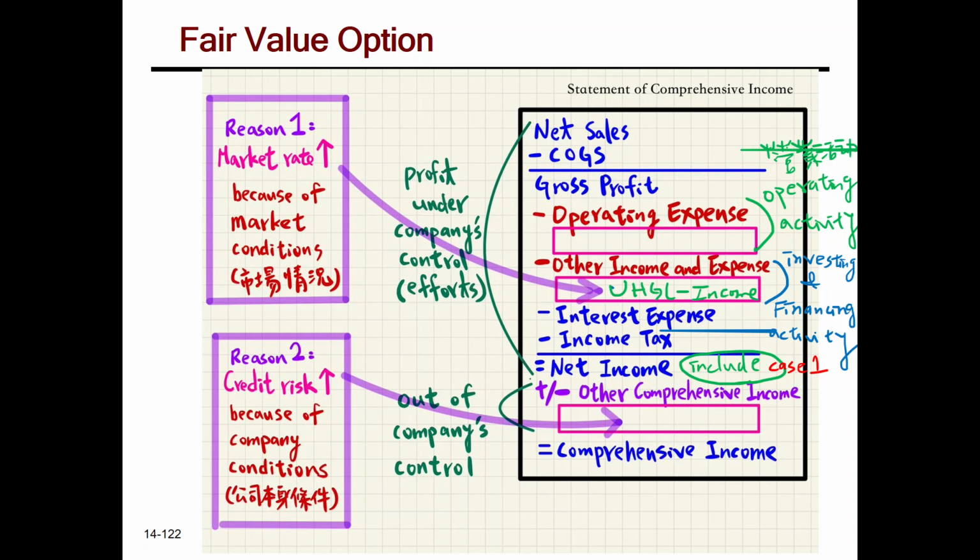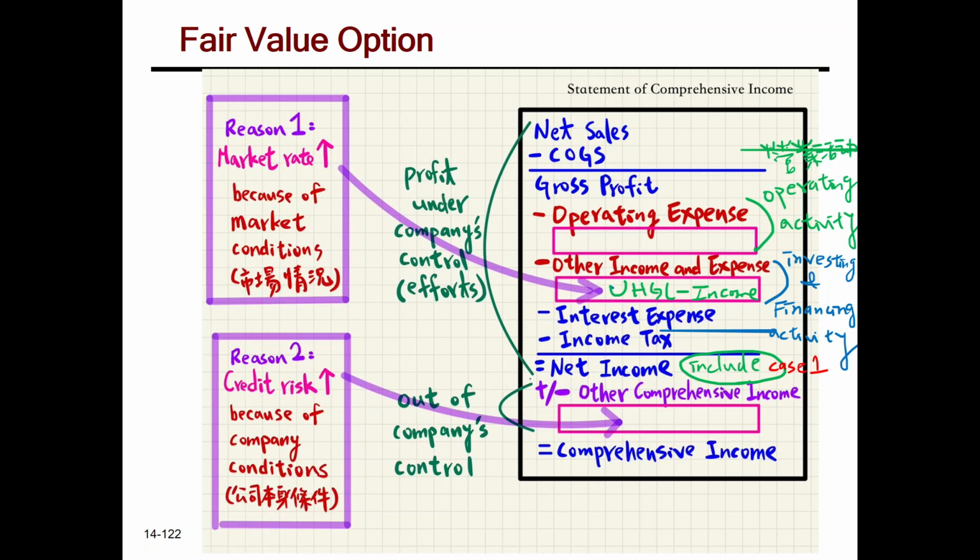How about case 2? We don't want it to be included in net income, so where are we going to put it? Remember, after net income, we have another part, other comprehensive income, OCI, 其他综合损益. We put all the gain or loss out of your company's control there, and also other situations.